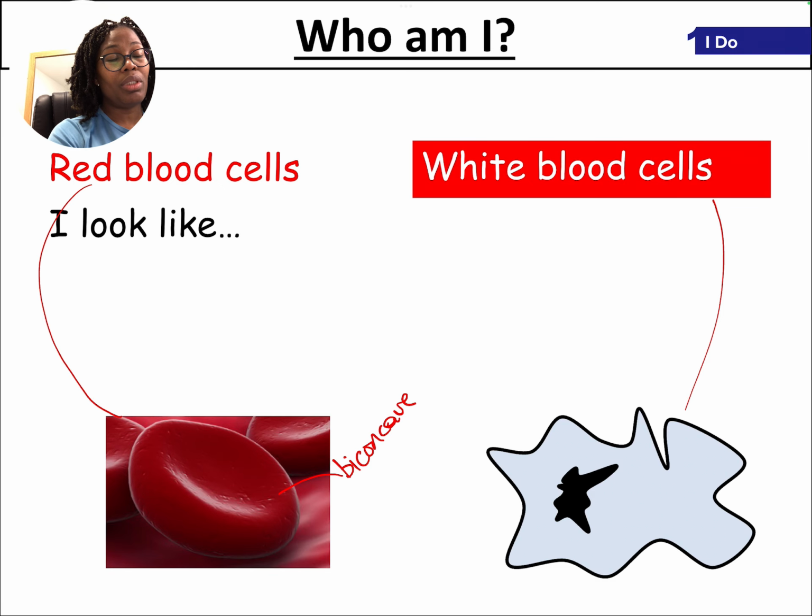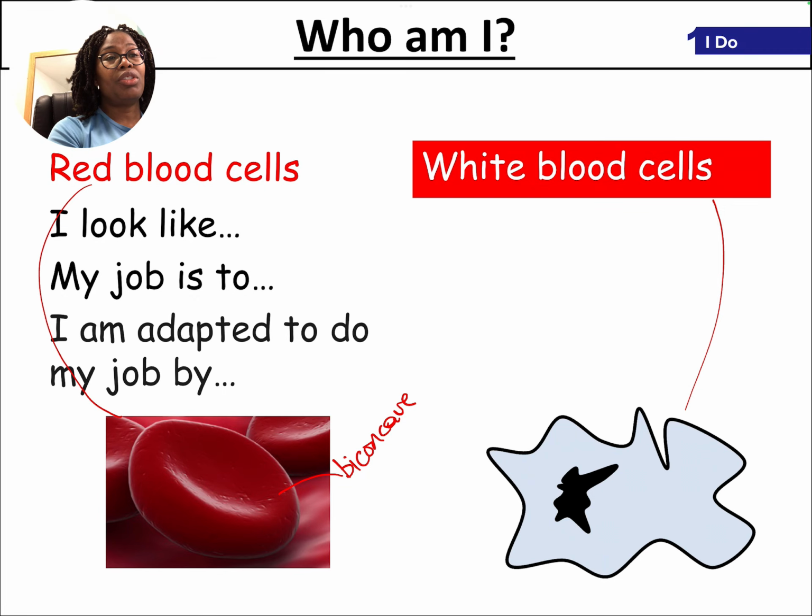It does not have a nucleus, so that increases its surface area. Its job is to carry oxygen, which is attached to the hemoglobin, which then delivers it to our cells. So it travels in the bloodstream to our cells. So I write RBC here for red blood cell.